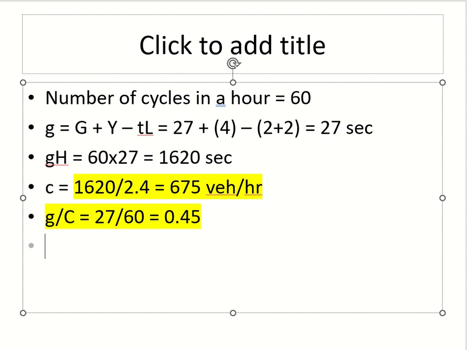But it's not 1, it is 0.45. If it was 1, the entire cycle length was effective green. Then how much flow rate can I achieve?